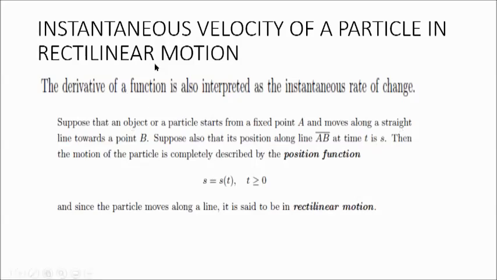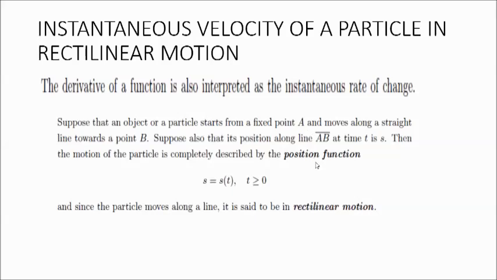Okay? So we have instantaneous velocity of a particle in rectilinear motion. We are talking about a particle, class. A particle can also move, and its motion is in rectilinear, so linear motion.